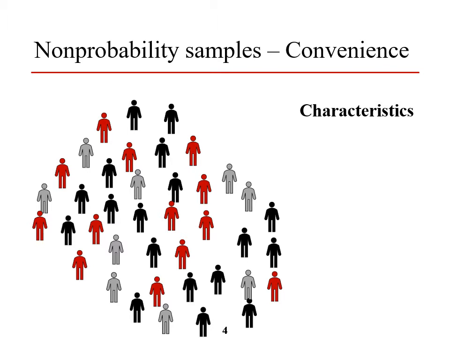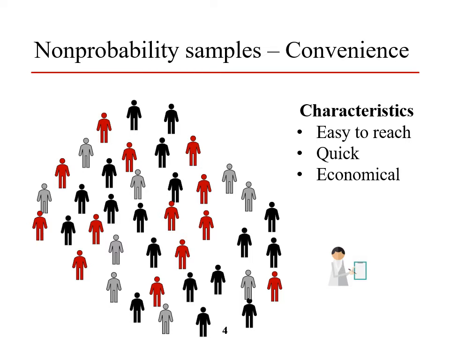Some characteristics associated with convenience samples are that the participants are easy to reach, the convenience sample is very quick, and it's also very economical for the simple fact that it's not going to take a lot of time and it's going to be easy to access the participants.